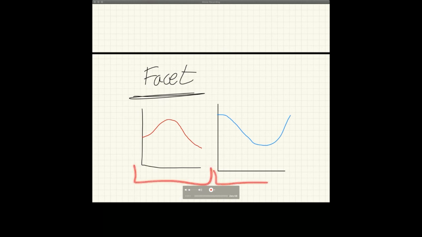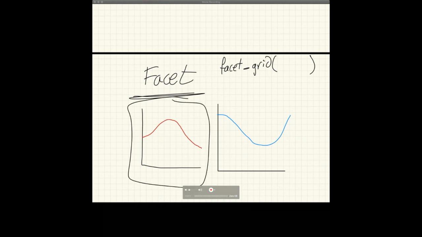Each of these is a facet. So when you see a subplot, you can think about it as a facet. And normally, how this works is you use a function like facet grid that describes the unique data that falls within this plot.